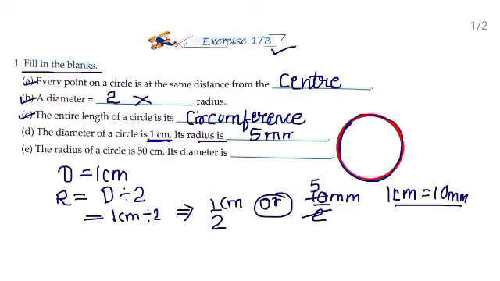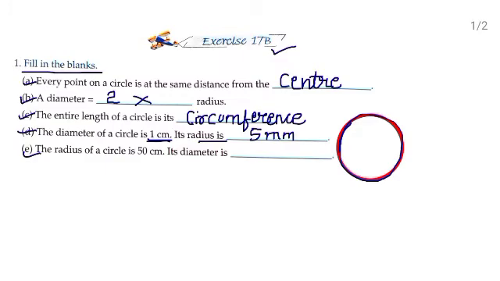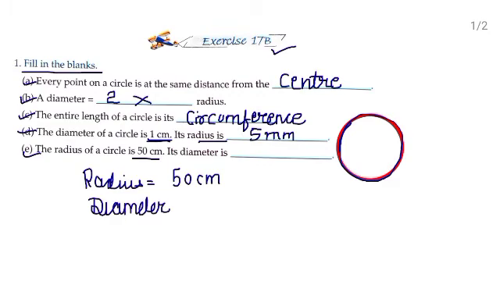Both are correct. Next, the radius of a circle is this. Now they have given radius. Radius is 50 centimeter. Its diameter is, they are asking about the diameter. You know the formula of diameter. Diameter is equals to 2 multiply radius.